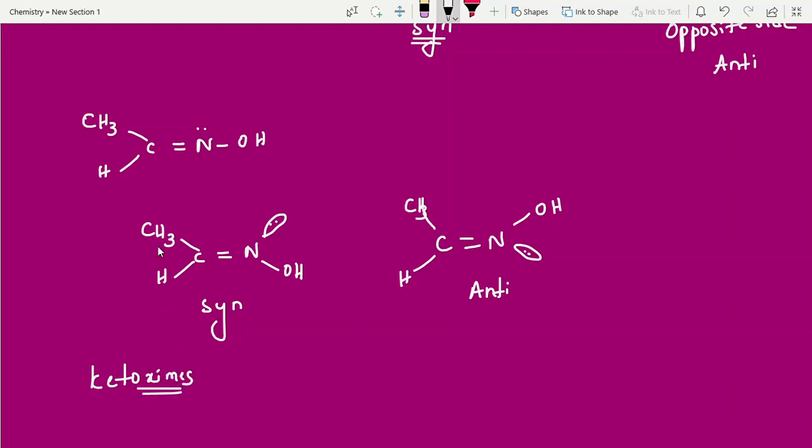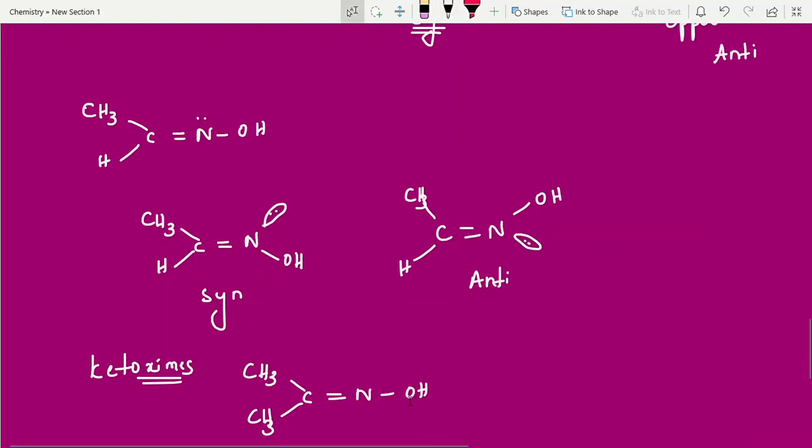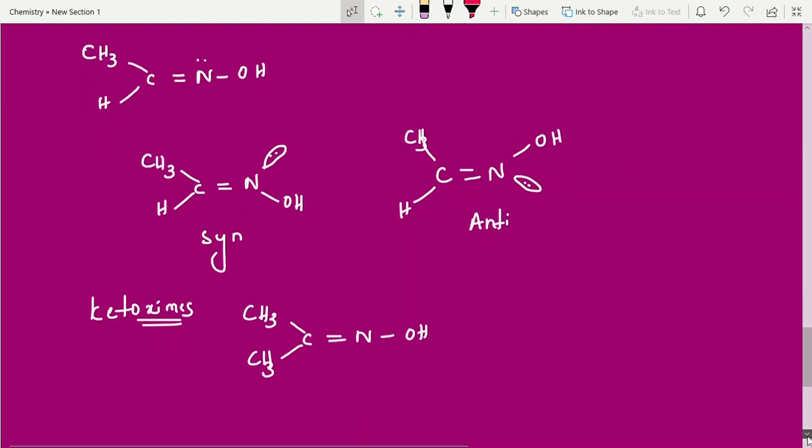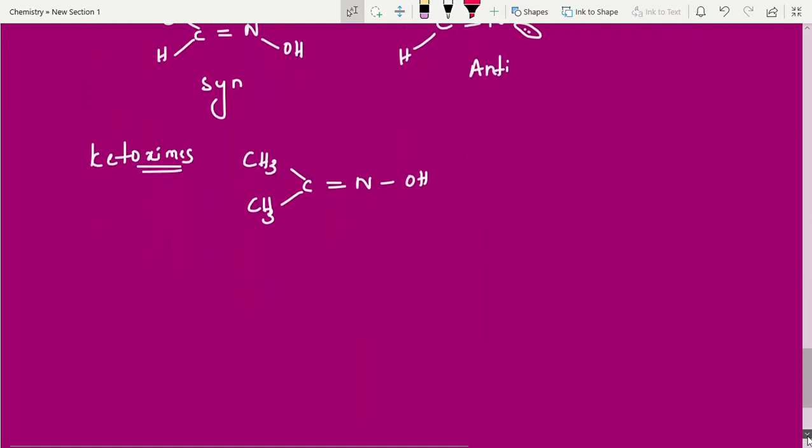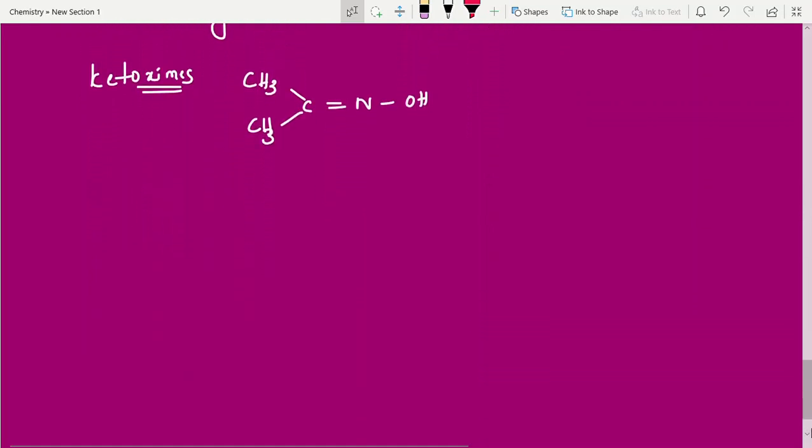Now next one, ketoximes. Ketoximes means both are alkyl groups. Take CH3 double bond N and OH. Can you write what is the syn and anti? Here also same thing. Lone pair. What is this? Hydrogen and OH group on the same side, what we call it as syn.